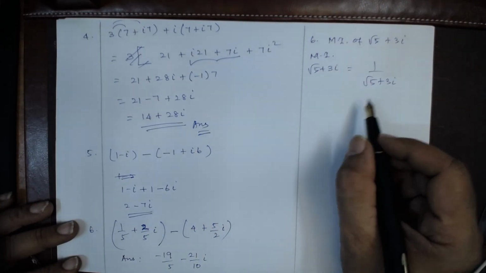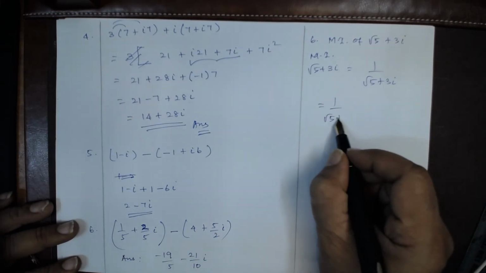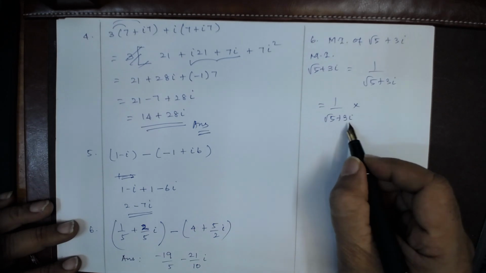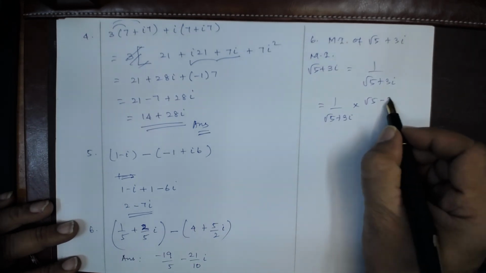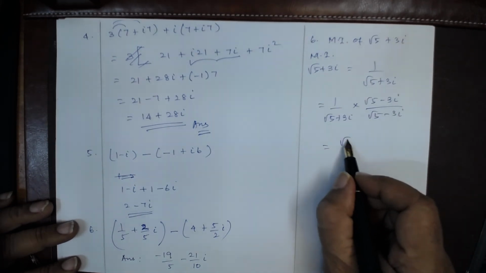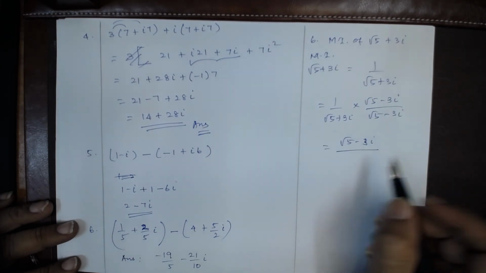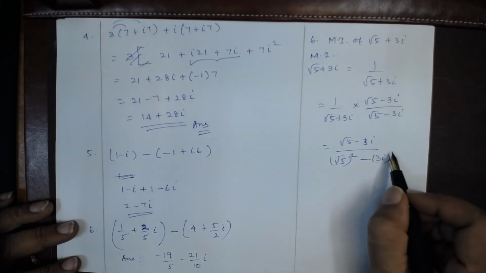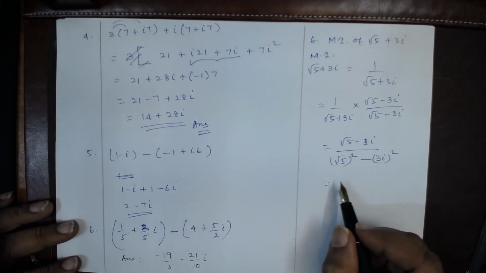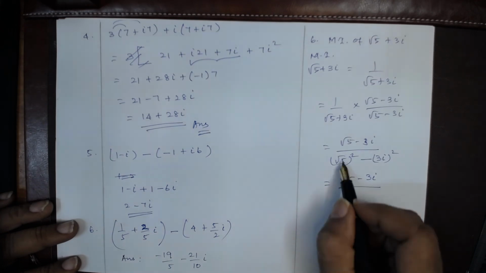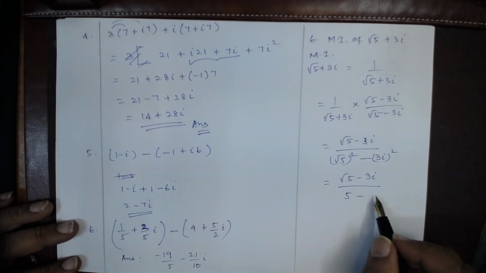Now let us simplify further. 1 by root 5 plus 3i, and we have to multiply and divide by the conjugate of this, root 5 minus 3i. So root 5 minus 3i divided by root 5 minus 3i. So root 5 minus 3i divided by (root 5) whole square minus (3i) whole square.